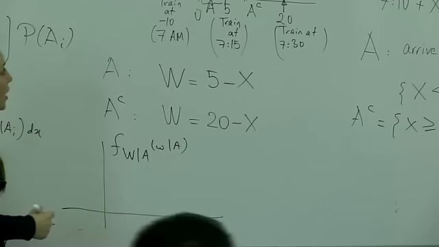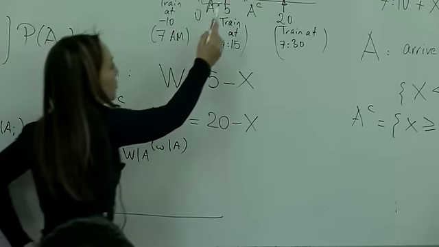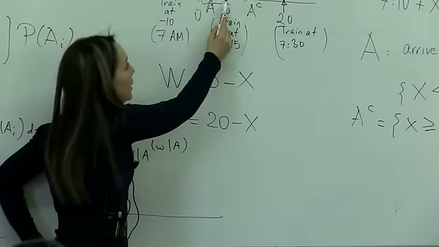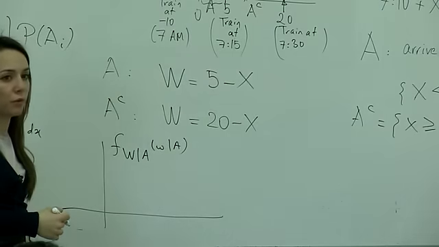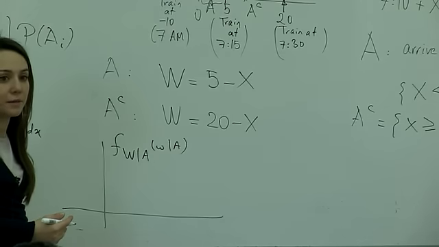Right. My waiting time can be as small as 0 when I arrive right here, and as big as 5 when I arrive here. And it's uniform. Why?